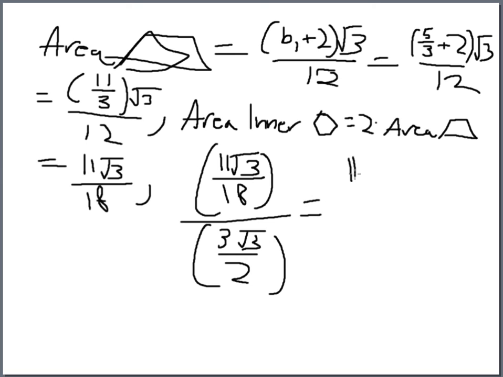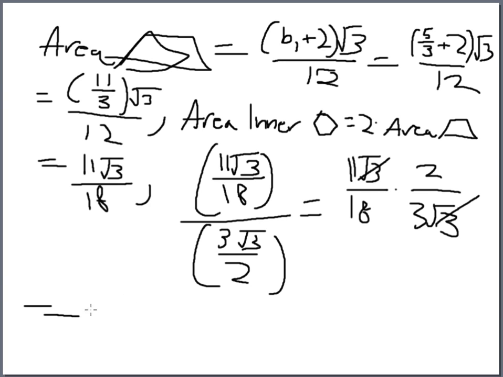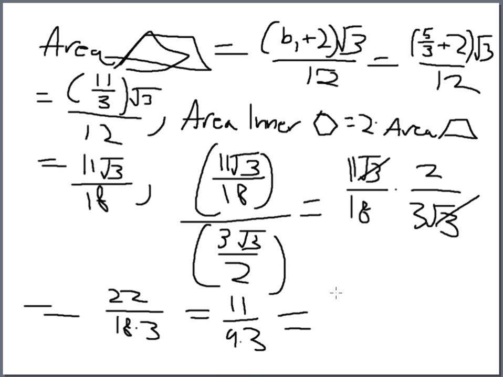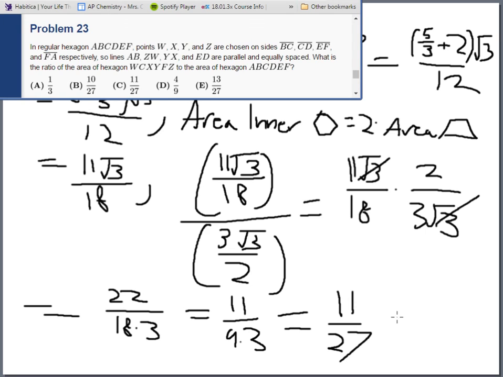That gives you 11 root 3 over 18 times 2 over 3 root 3. These cancel out, and that also cancels out, so you get 22 over 18 times 3, which is equal to 11 over 9 times 3, and that gives you 11 over 27. And C will be your answer.